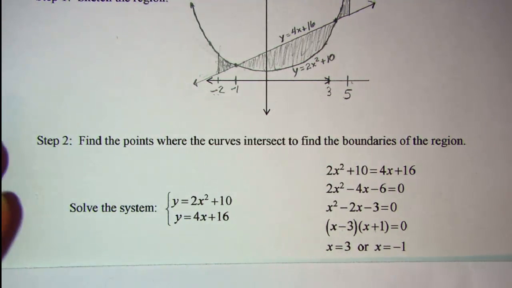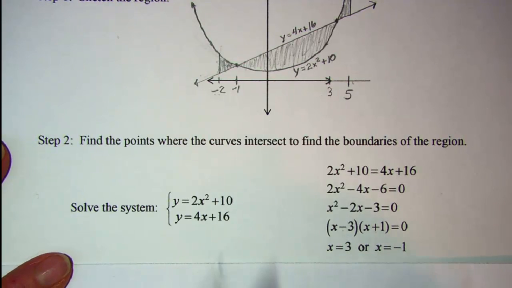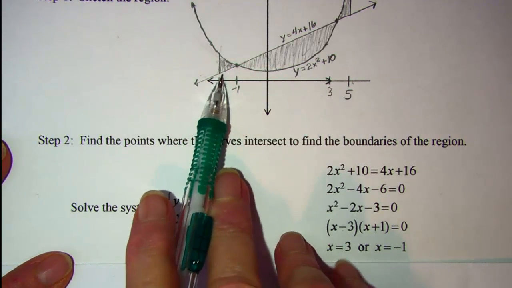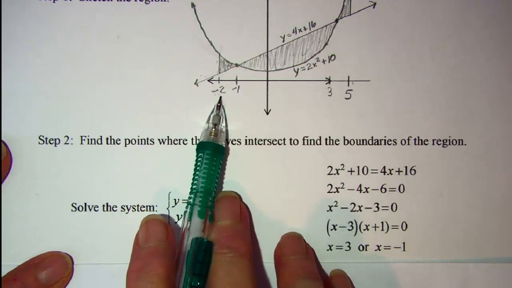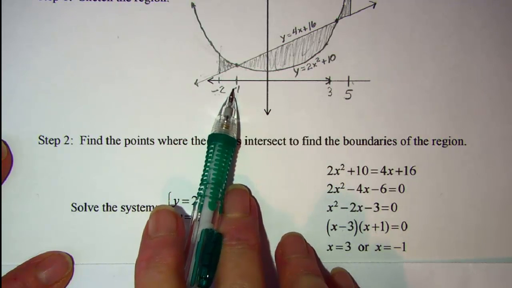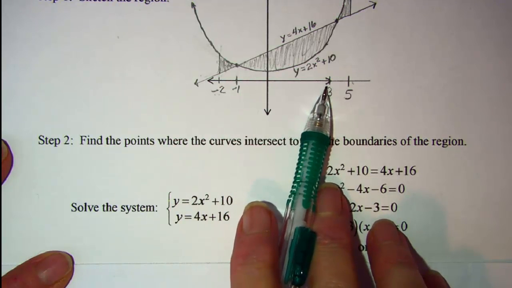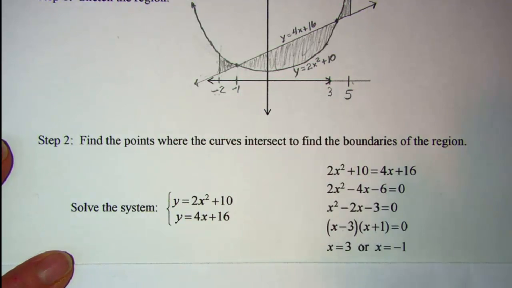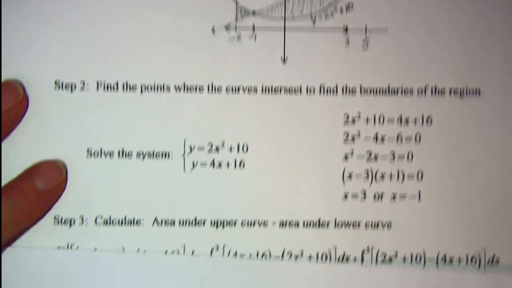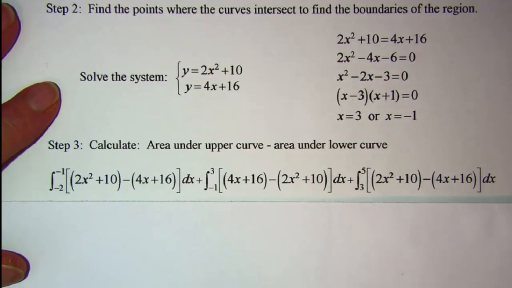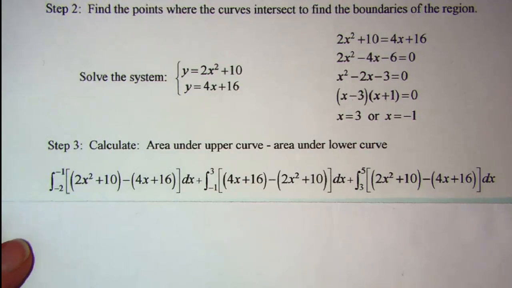So then we're going to calculate this piece. We'll need the integral from negative 2 to negative 1, and then from negative 1 to 3, and then from 3 to 5. So our 3 integrals look like this.